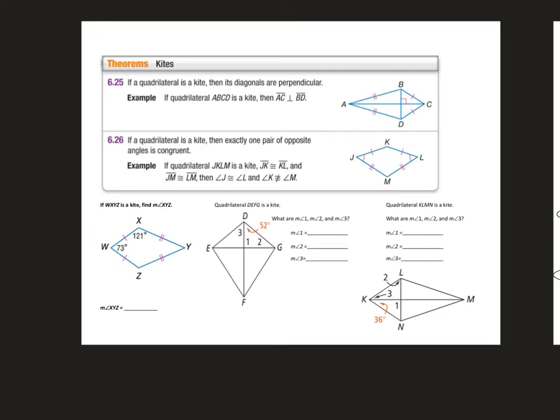All right, 2 more theorems here for us. These are all about a kite, and it says if a quadrilateral is a kite, then its diagonals are perpendicular. So a kite is a quadrilateral with 2 pair of consecutive sides congruent.